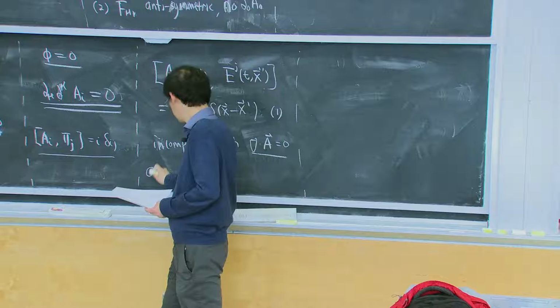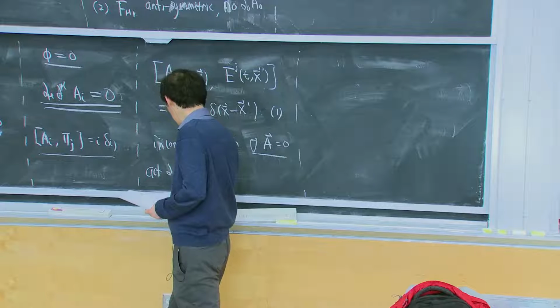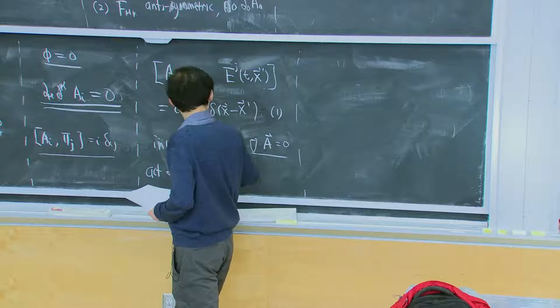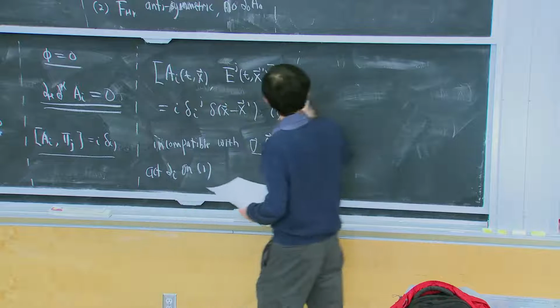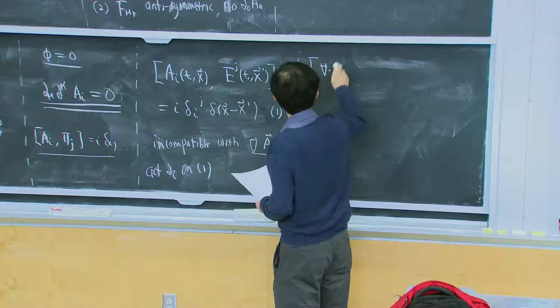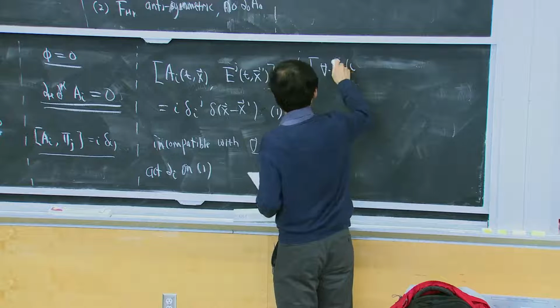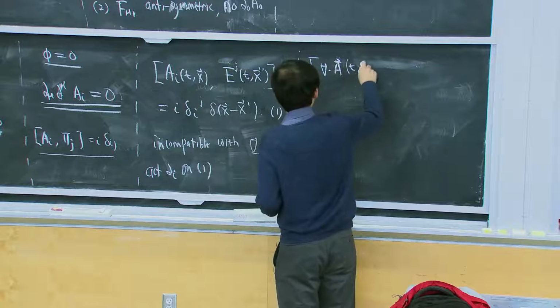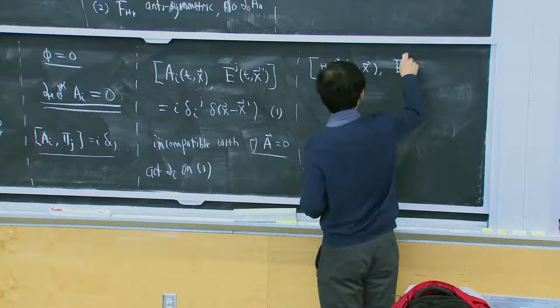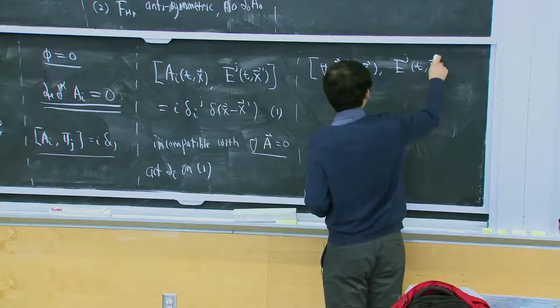If you act with partial_i on 1, then on the left hand side I have the commutator of partial_i A_i(t, x) and pi_j(t, x').